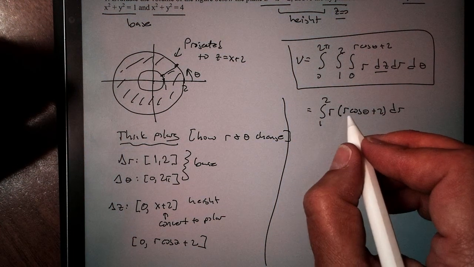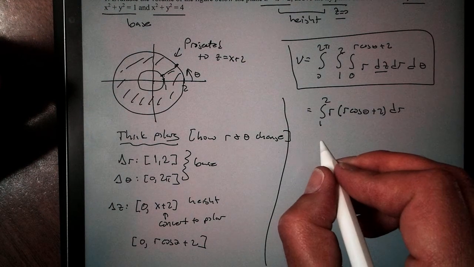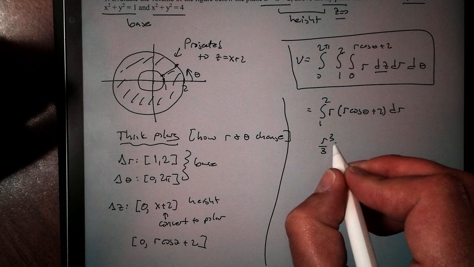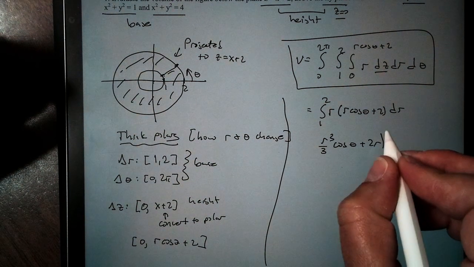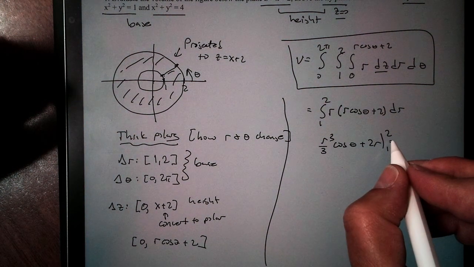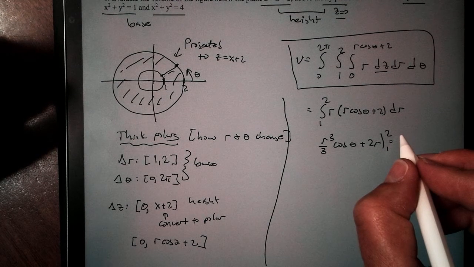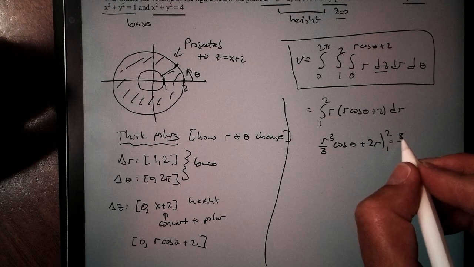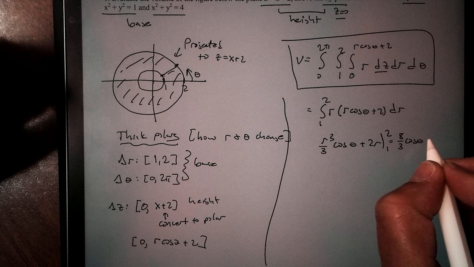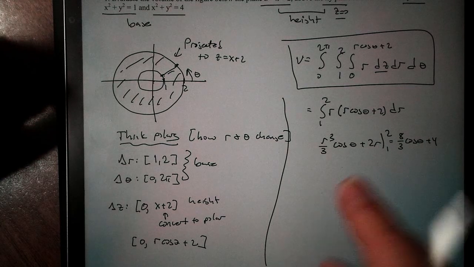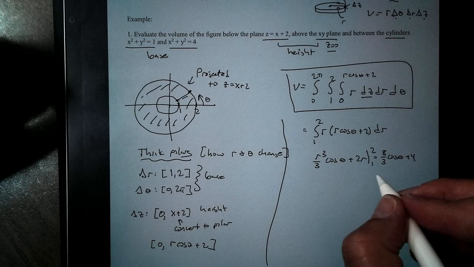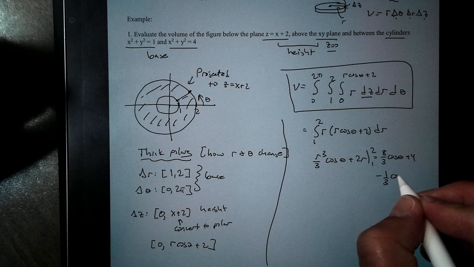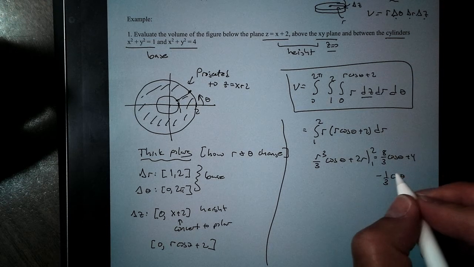Integrating here, we might have to do a little bit more math. This is r squared, so we're going to get r cubed over 3 cosine theta plus 2r from 1 to 2. Simplifying this, we get 8 over 3 cosine theta plus 4 minus 1/3 cosine theta, be careful and distribute.